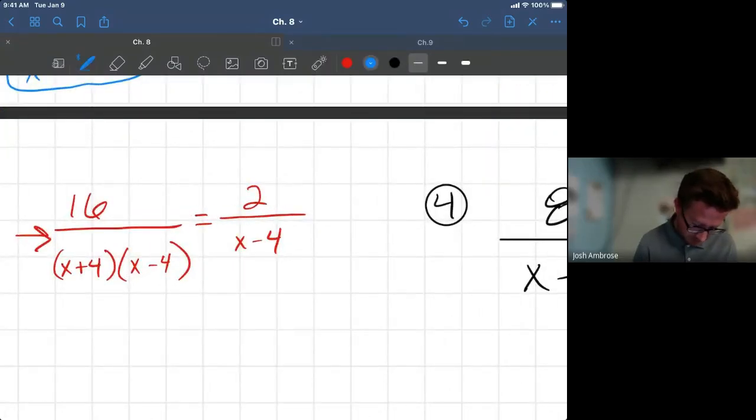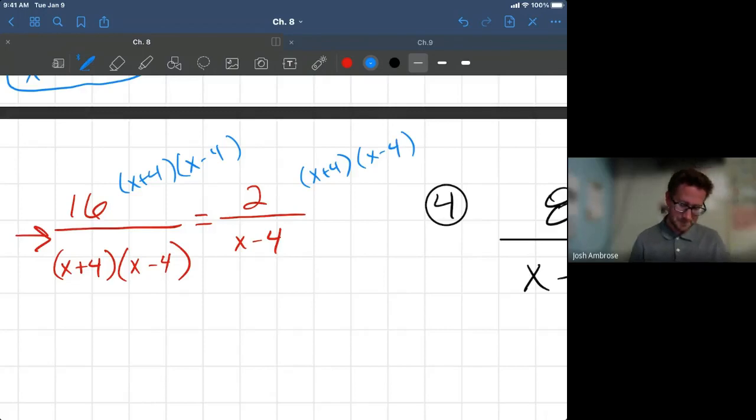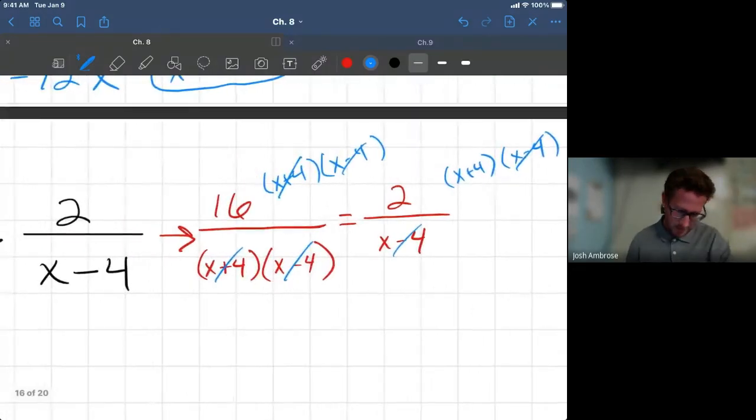Multiply both sides by the common denominator, x plus 4, x minus 4. All right, so we'll see what this does for us: these guys cross out, this crosses out. Okay, then that's going to leave us with a 16 on top.